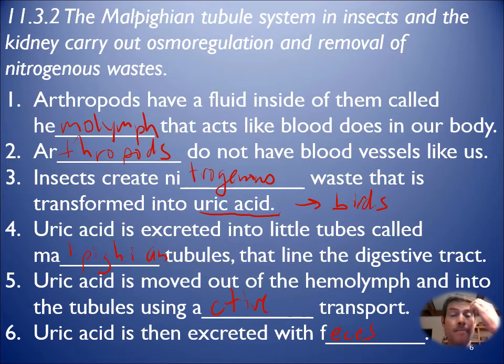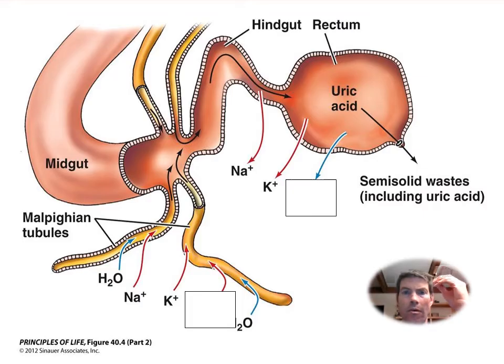So basically, it's combining poop and pee, which we don't do. That would be kind of interesting. But remember, our digestive system is totally separate from our excretory system, the way we remove pee from our bodies.